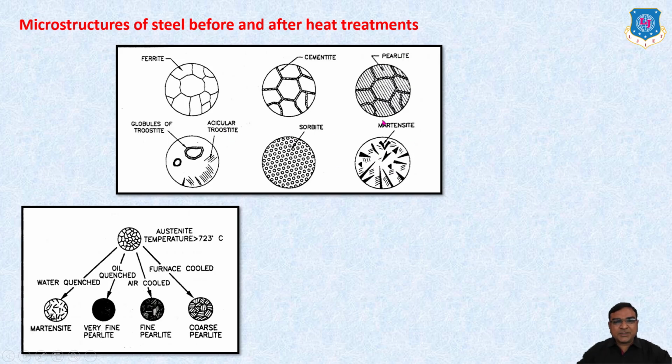Here, this is ferrite before the heat treatment process, and after heat treating, like water quenched, oil quenched, air cooled, furnace cooled, the achieved microstructures are martensite, very fine pearlite, and coarse pearlite.